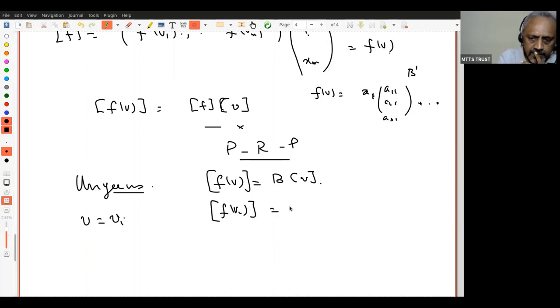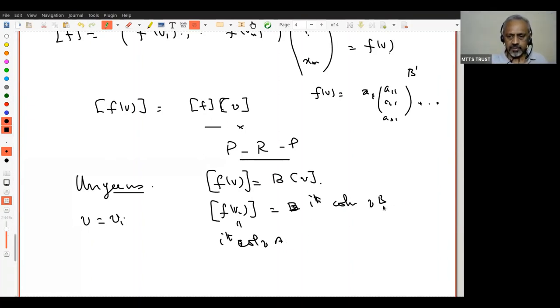But this will be B of vi, that is the ith column of B. But by construction, this is the ith column of A. Therefore, the ith column of A equals the ith column of B. This is true for every i. Therefore, A equals B.